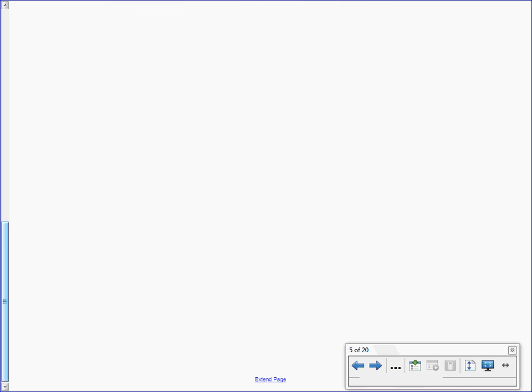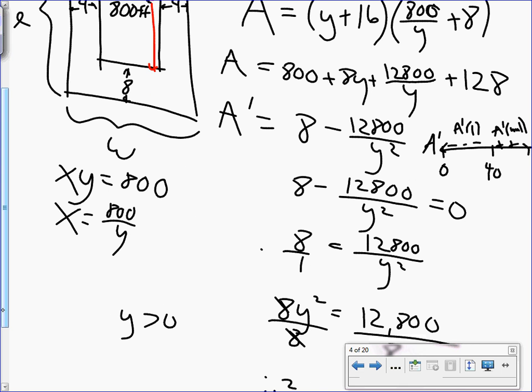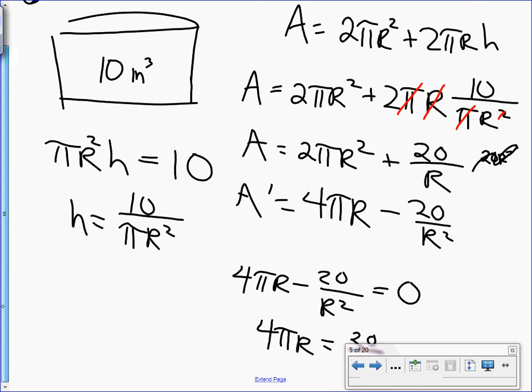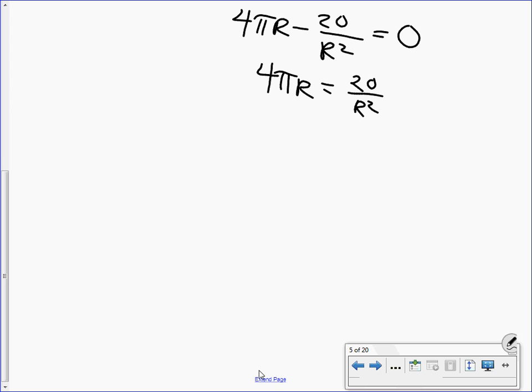Okay, cross multiply. Go ahead and do that while I'm figuring out where I am. Found it. So we have 4 pi r cubed equals 20.